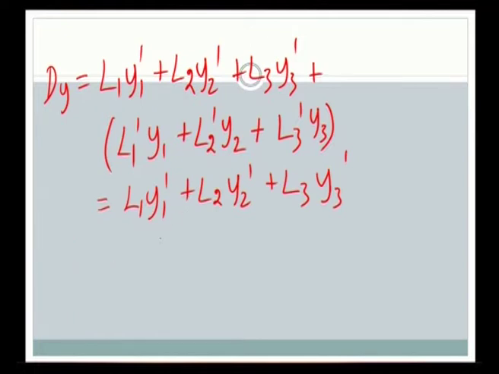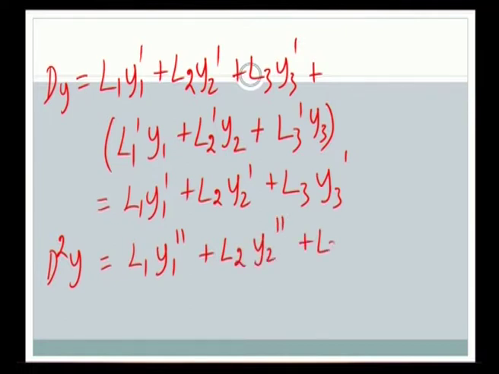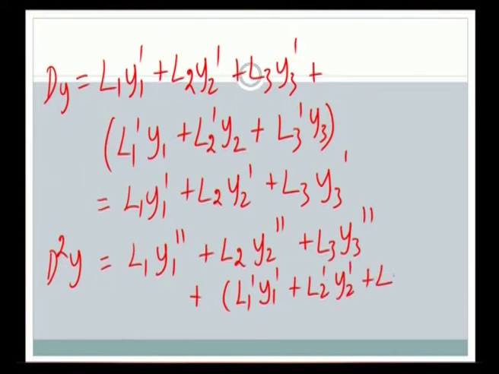Now, differentiate this dy once again. So, we get d square y, which is equal to L1 y1 double prime plus L2 y2 double prime plus L3 y3 double prime plus L1 prime y1 prime plus L2 prime y2 prime plus L3 prime y3 prime.